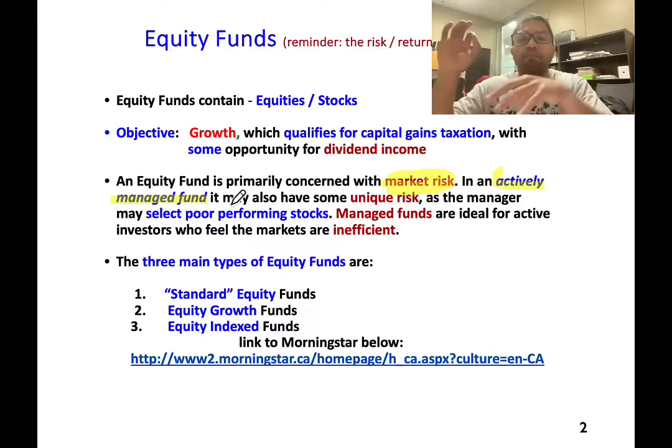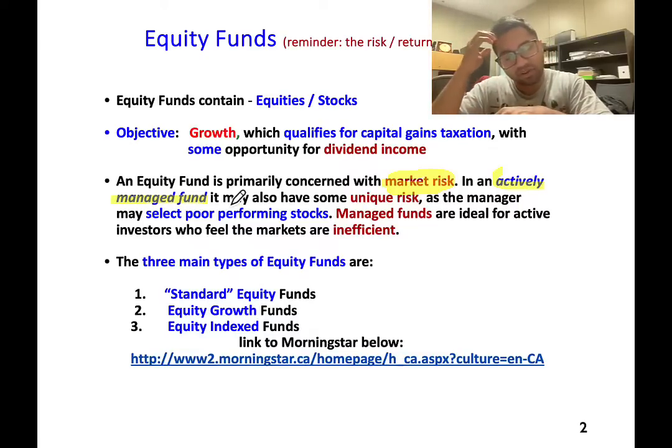In a passively managed mutual fund, the fund manager does not do stock picking. He merely selects stocks to match a basket of securities like an index. So they're mostly picking stocks already present in an index.